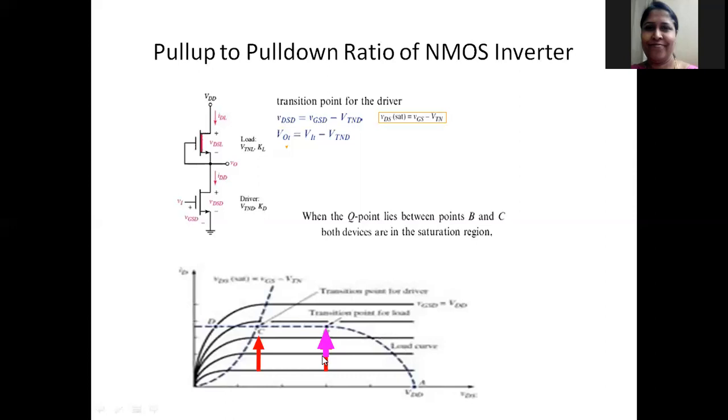So at this point of operation, we expect the enhancement MOSFET, that is the driver, and the depletion MOSFET, that is the load, both to be in the saturation. Both lie in the saturation region. So considering this, we will try to analyze.